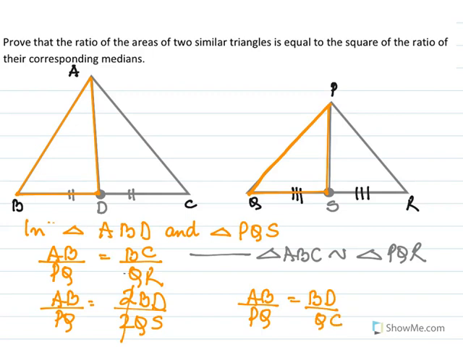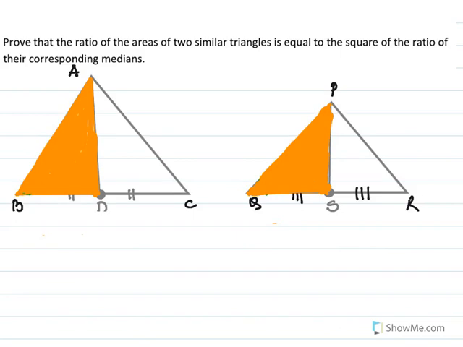Now these two angles too are equal. Angle B will be equal to angle Q because they are part of the larger triangles which were similar. And the reason for this is triangle ABC, the large triangle, is similar to triangle PQR.